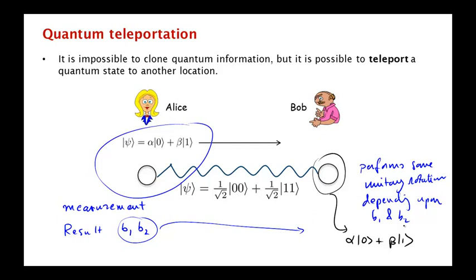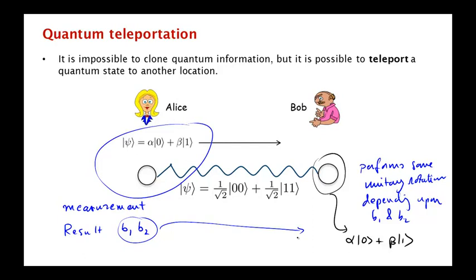Well, it's not like that teleportation because it's not instantaneous. Alice does her measurement at her end, she destroys her qubit, and she is left with just this classical information. And now she has to pick up the phone, she has to send this information across to Bob, and it's only after he gets this classical information that he can reconstruct the quantum information that Alice started with.